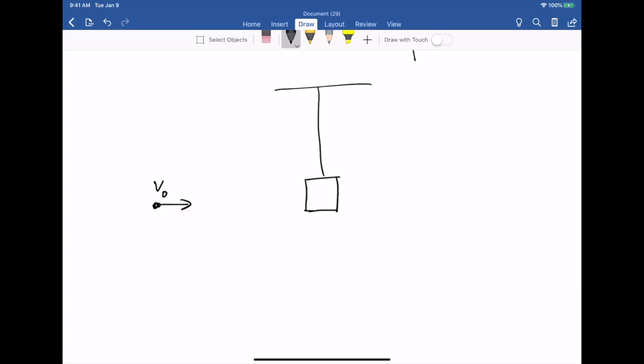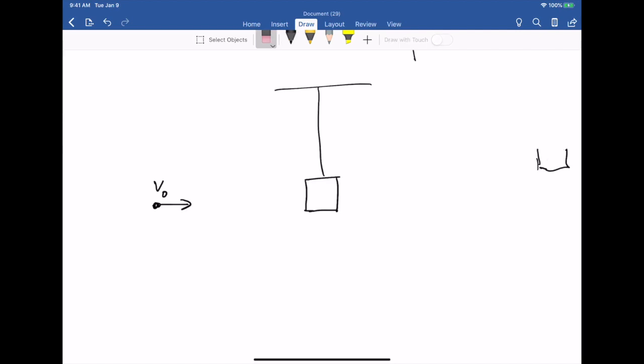The bullet hits the block and gets embedded in the block, and then the bullet and the block both start moving, and eventually they rise up somewhere over here. Let me make that a little more accurate, keeping the length of the string the same, more or less. The bullet is now embedded inside the block.